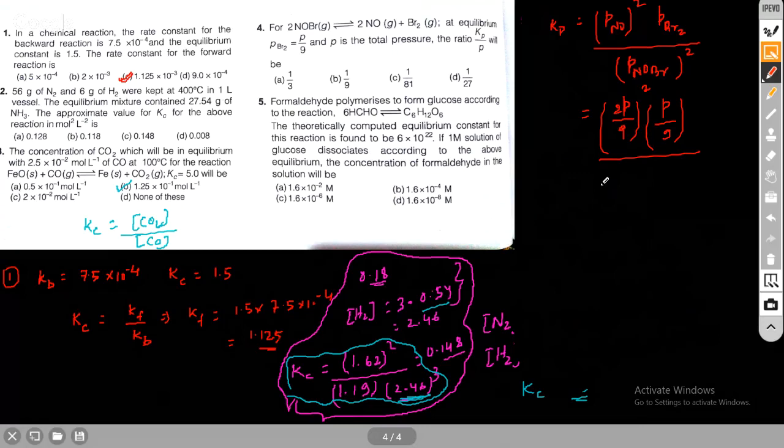What is the pressure of NOBr? I'll write down the reaction here first.